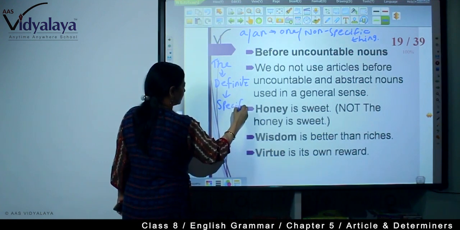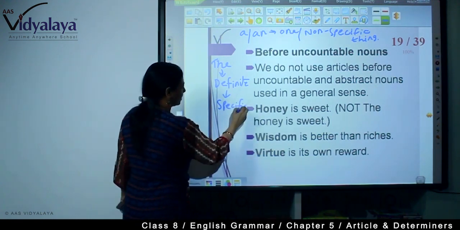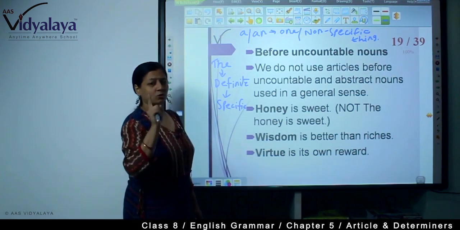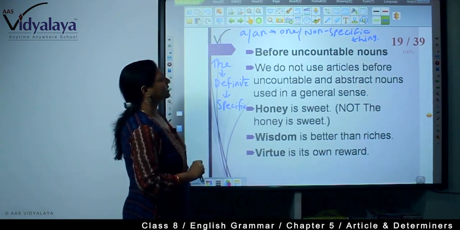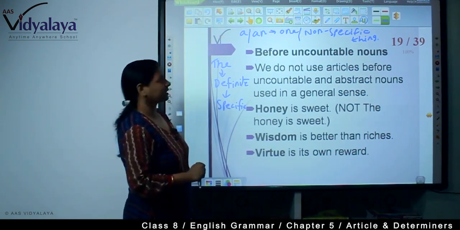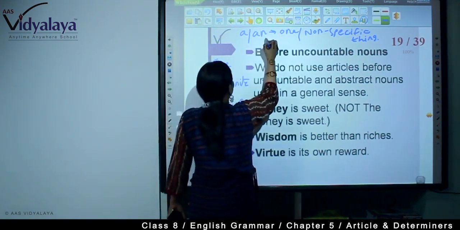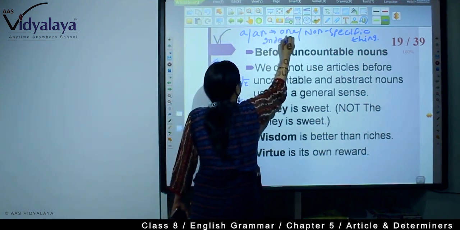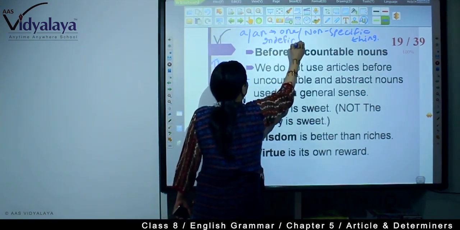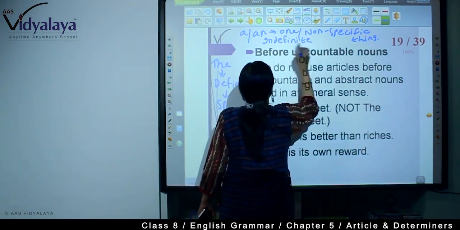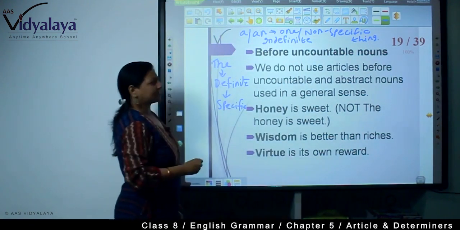So, when you are saying a or an, they show number one, or one article, and they are non-specific things. These are indefinite articles.